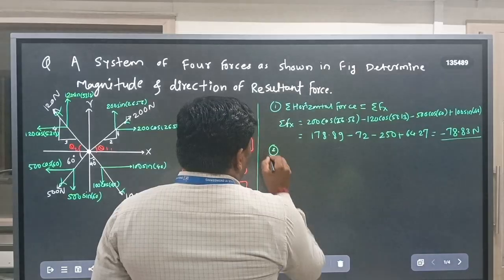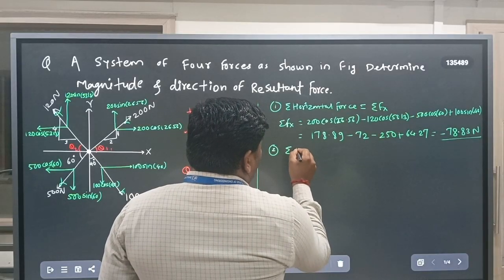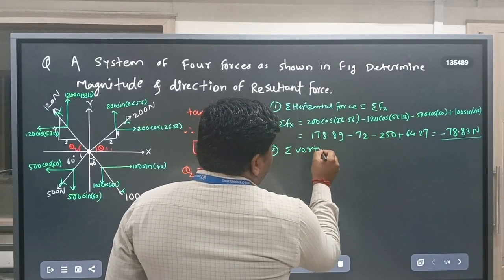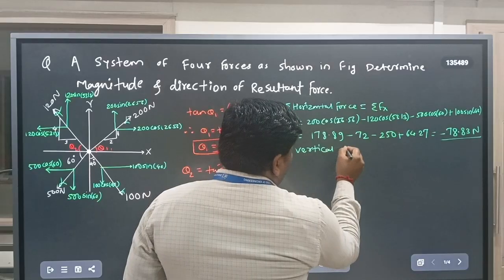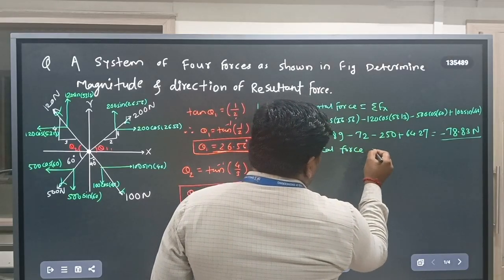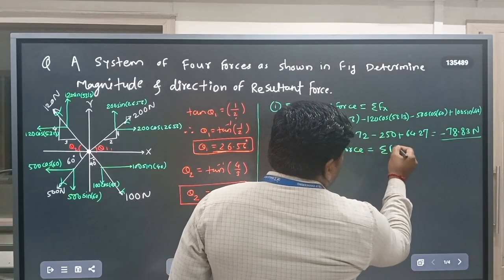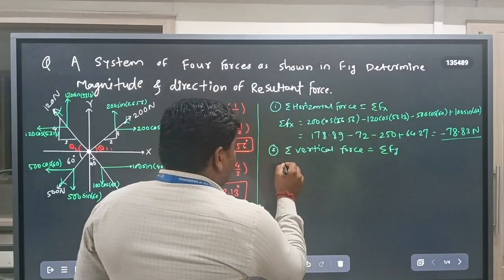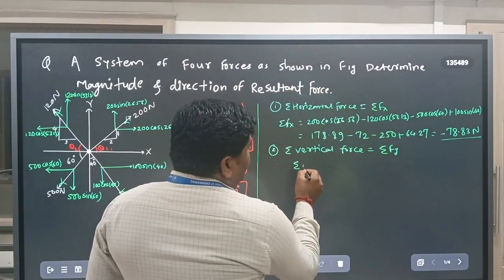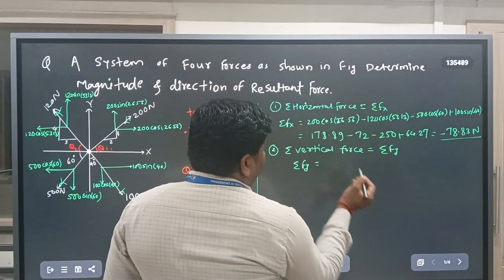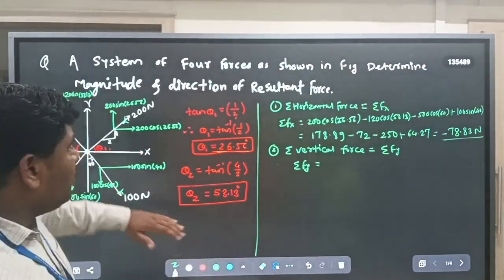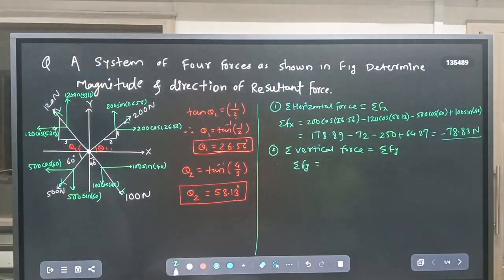Now step number 2 is summation of vertical component of forces. That is vertical forces, which is nothing but summation of f of y. Now here you have to consider all the vertical forces only. Okay, all upward forces are positive, all downward forces are negative.